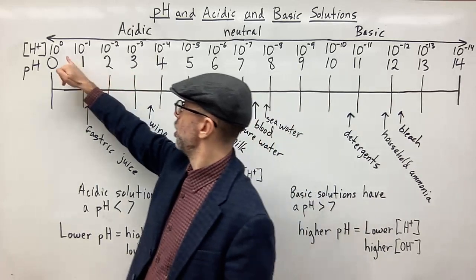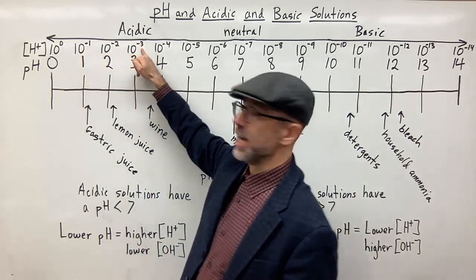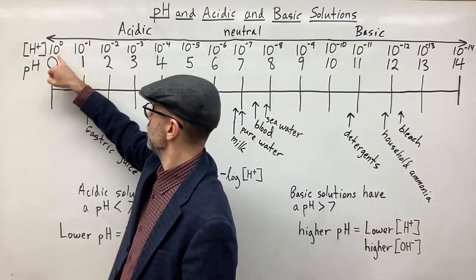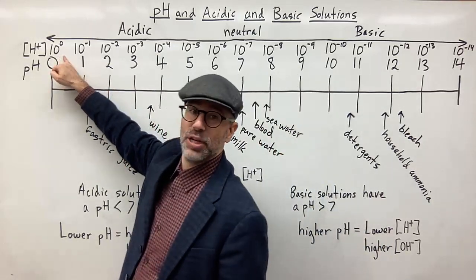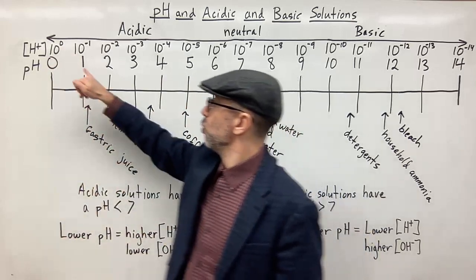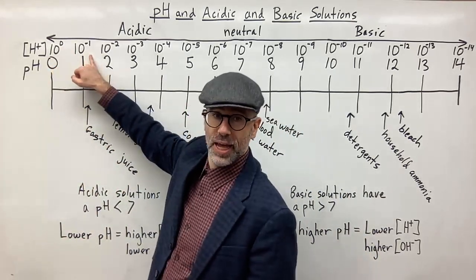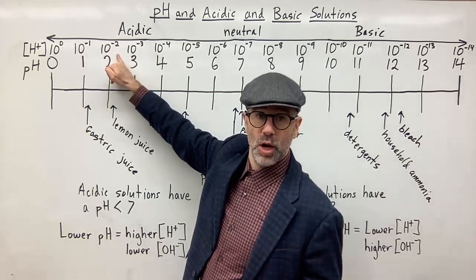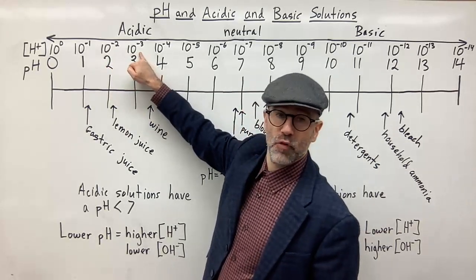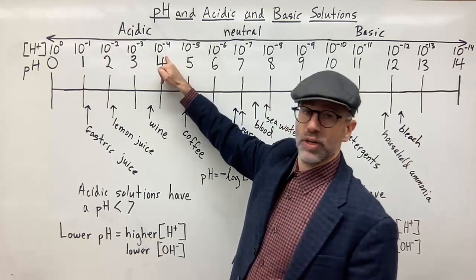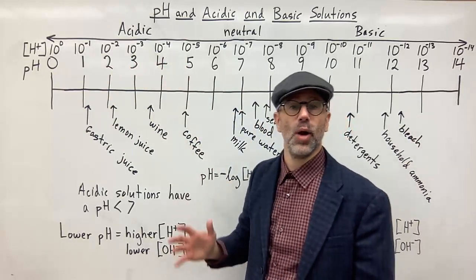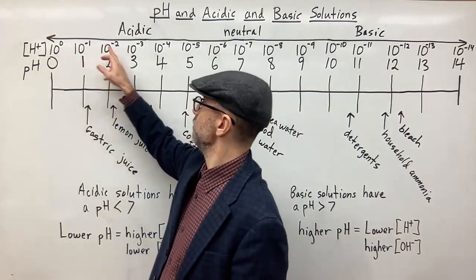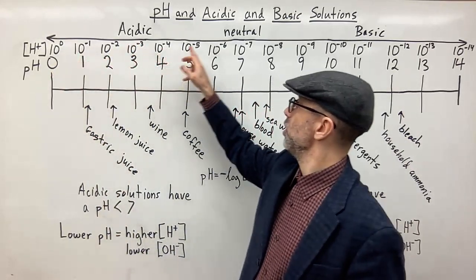The more negative the exponent, the smaller the number, the smaller the concentration. So the concentration is decreasing by a factor of 10, so we are decreasing by a factor of 10 as we go across.